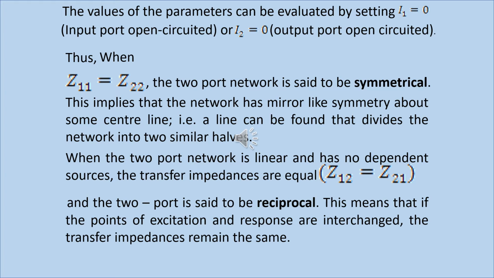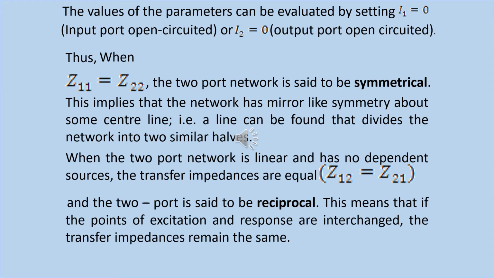And the same thing goes for our V2 equals Z21 I1 plus Z22 I2. We calculate either Z21 by setting our I2 equal to 0, or setting our I1 equal to 0 for calculating Z22.